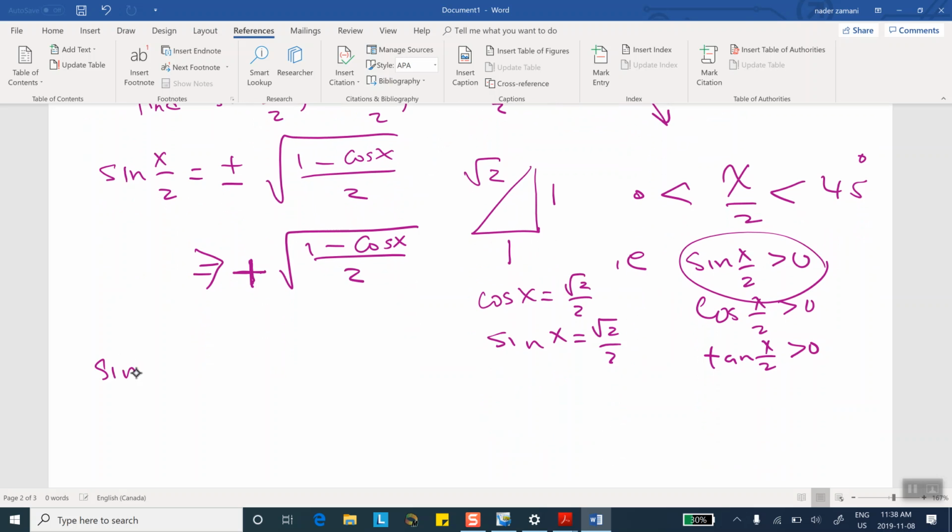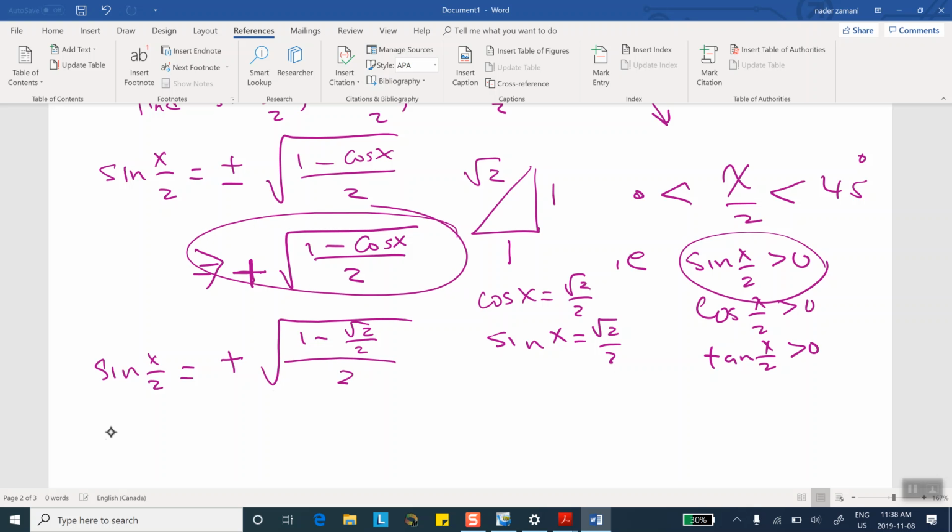So sine of x over 2 is equal to plus the square root of (1 minus root 2 over 2) divided by 2. That takes care of this. And by the same token, cosine of x over 2 is plus, remember I said that these are both positive, the square root of (1 plus root 2 over 2) divided by 2.